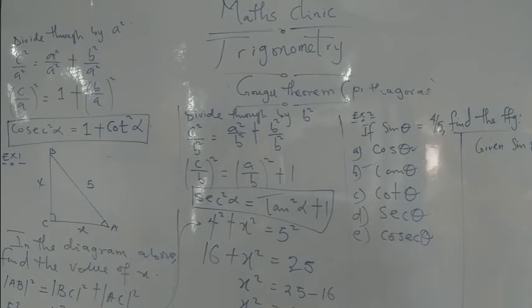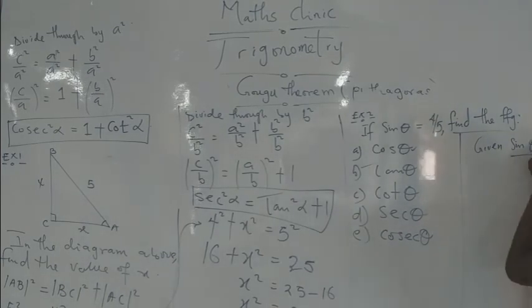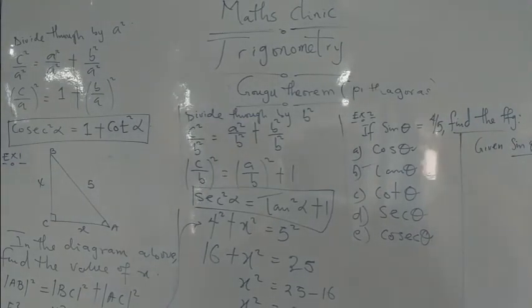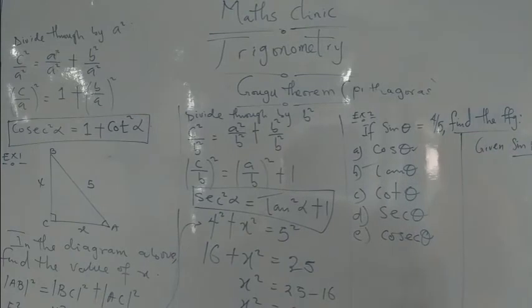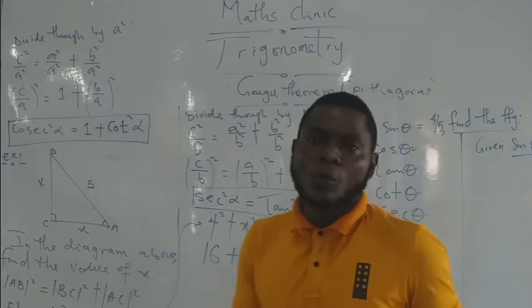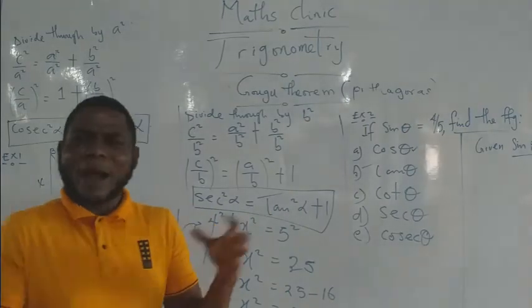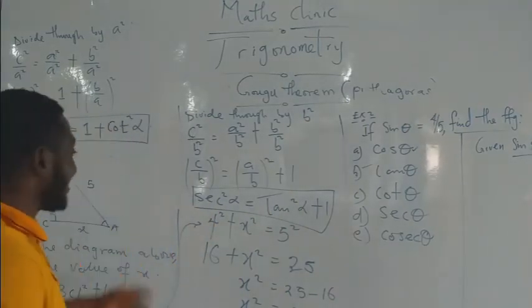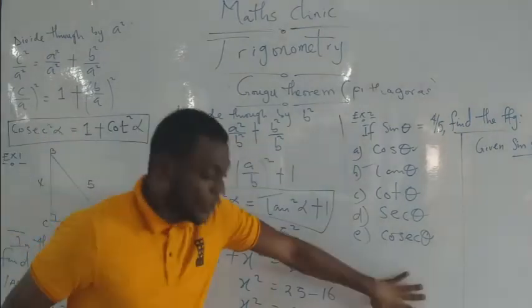Since sine theta is 4 over 5 and we are asked to find cos theta, we know the trigonometric identity that combines sine and cosine together. That was the first one that I proved.